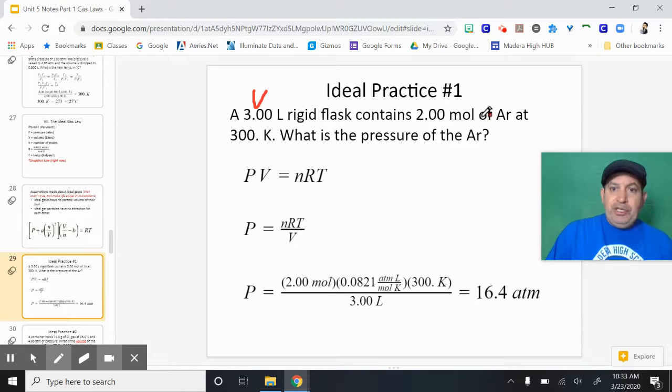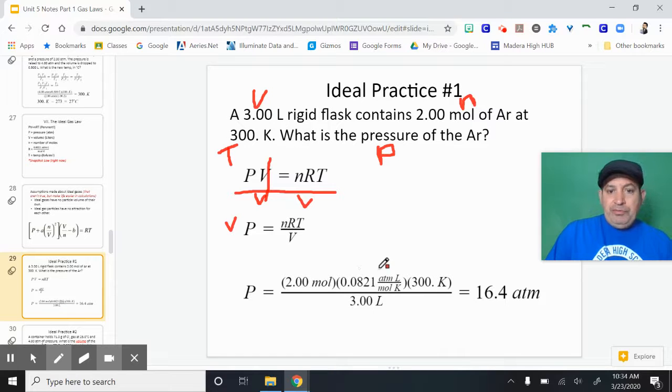There's the V. I see moles, I see little n, which is number of moles. And I see a temperature, T, and it's asking for P, the pressure. So I have my setup here, PV equals nRT. I'm going to get P by itself, which means divide by V on both sides. And that's going to cancel out and give me this. So I've got everything set up.